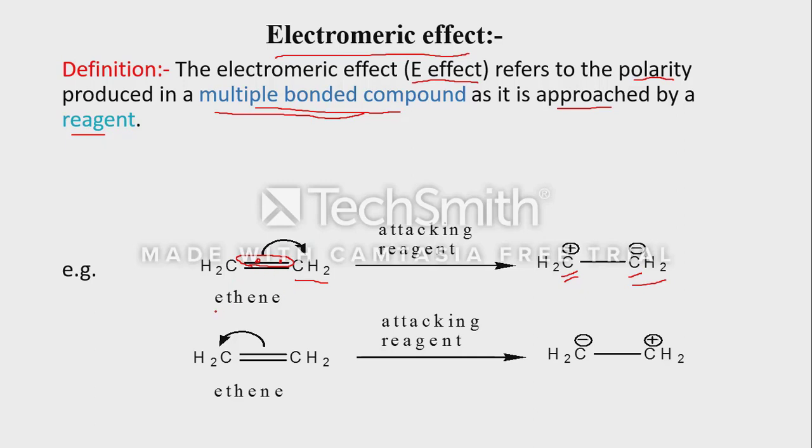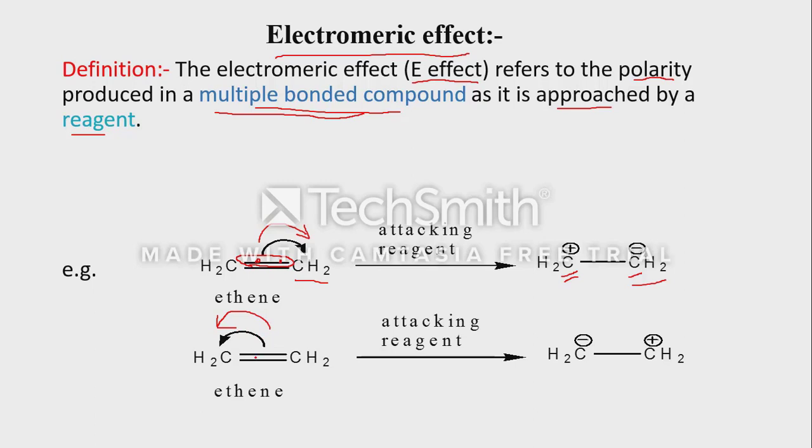Ethene is a symmetrical molecule. In symmetrical molecules, the electrons of the pi bond can be displaced to either side, because the ethene molecule is symmetrical.